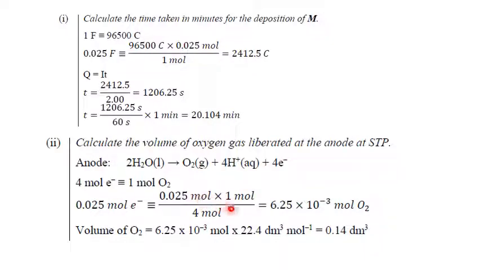So by stoichiometric calculation again, you will get 6.25 times 10 to the power of negative 3 mole of oxygen. Once you find the mole of oxygen, multiply by the molar volume at STP because the question is given at STP condition. So this is the final answer, 0.14 dm³.